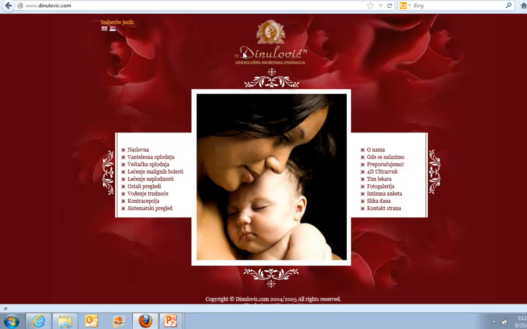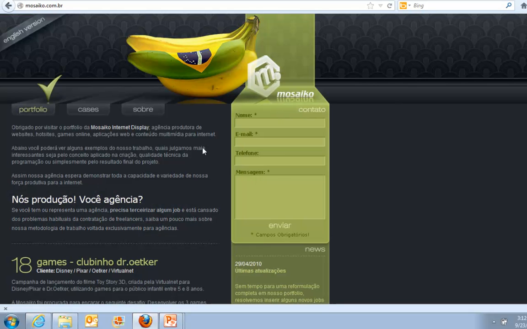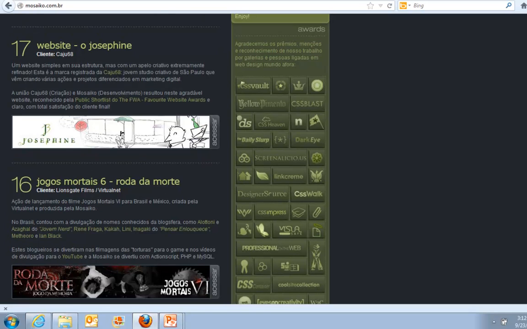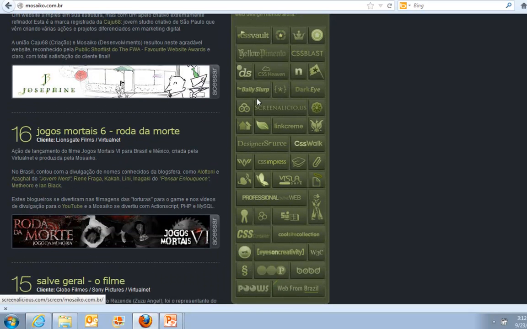So if you drew a line straight down, it's the same size of information on the left as it is on the right, and you can see the texture background that's created with these images of roses. And then again, we have asymmetrical. But notice all these little boxes here help balance out this side over here.